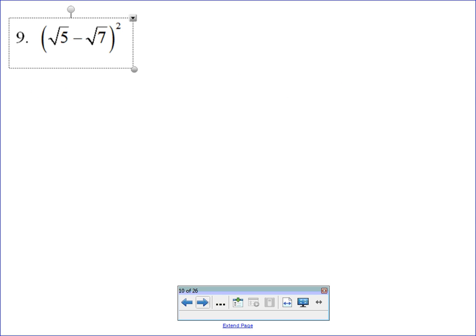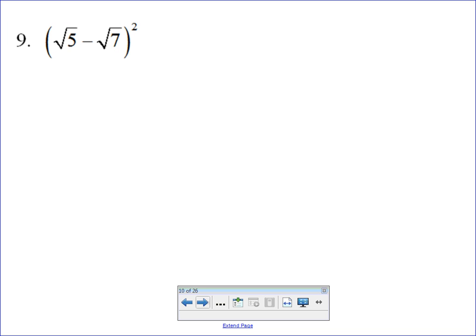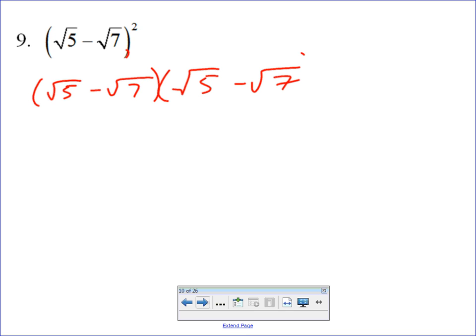All right, number 9 is one where a common mistake is people say, oh, well, I just square this and I square this and I'll get 5 minus 7, I'll get negative 2. That is incorrect. Remember that we're squaring everything inside the parentheses, so this is really the square root of 5 minus the square root of 7 times the square root of 5 minus the square root of 7.